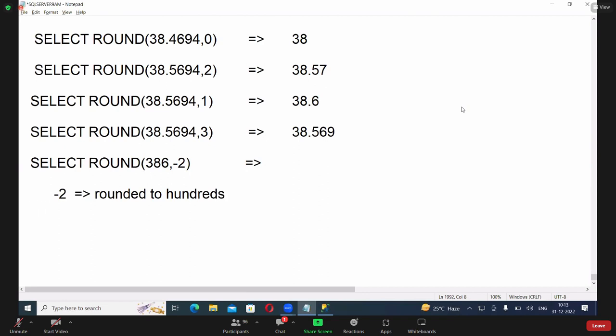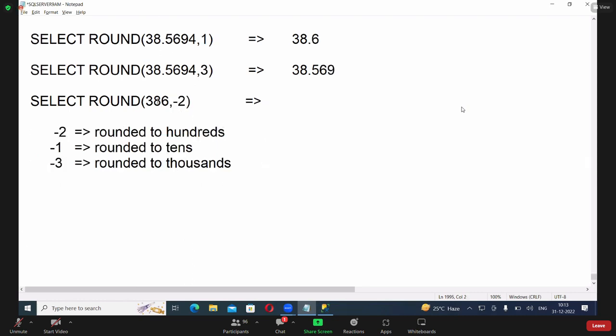Minus 1 means rounded to tens. Minus 3 means rounded to thousands, like that.